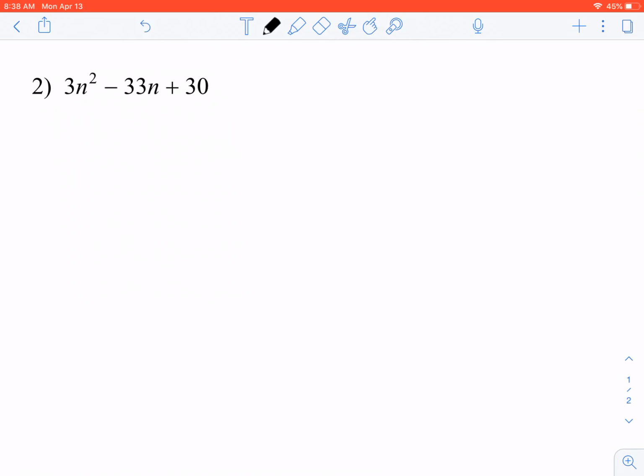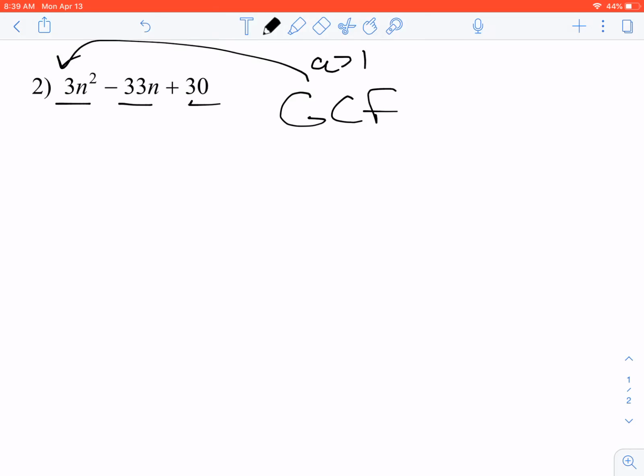In this one, we look at that 3 in front, and we say, ooh, that presents a problem for us. So maybe we can factor that out. What is the GCF? Well, the GCF is 3, because 3 goes into 3, it goes into 33, and 3 goes into 30. So even though a is greater than 1, we can factor that out because our GCF is 3.